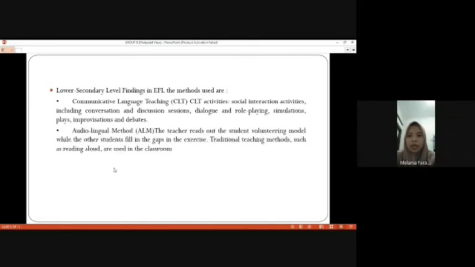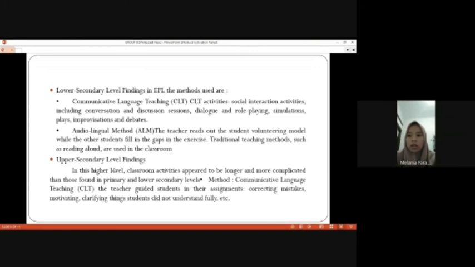And the second one is the audiolingual method or ALM. The teacher reads out, the student volunteers model, while the other students fill in the gaps in the exercise. And also, traditional teaching methods such as reading aloud are used in this classroom.